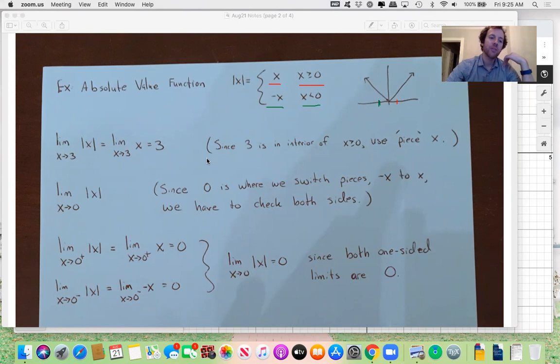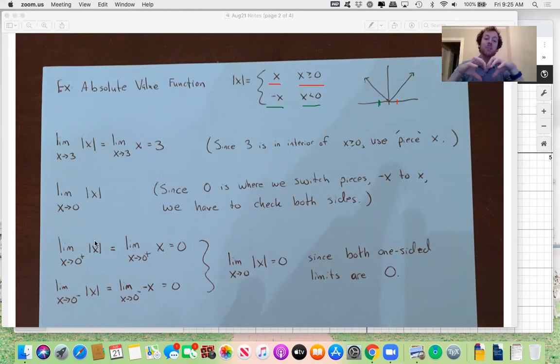How we'll go about finding this limit is we'll think of this in terms of our one-sided limits. When we talked about one-sided limits, one of the pieces we said was if you want to find a two-sided limit, one way to go about it is check the two sides separately.